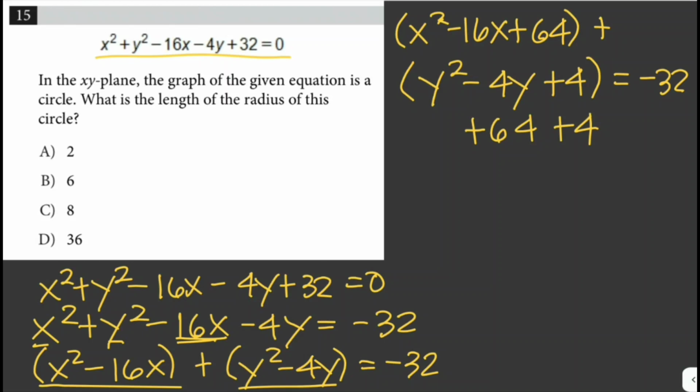Whatever you add to one side of the equation, you must also add to the other side. So we add 64 and 4 to negative 32.